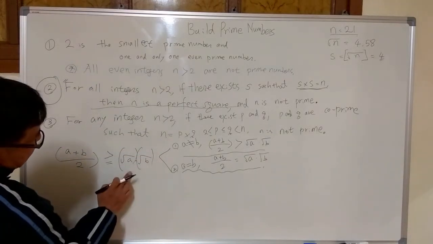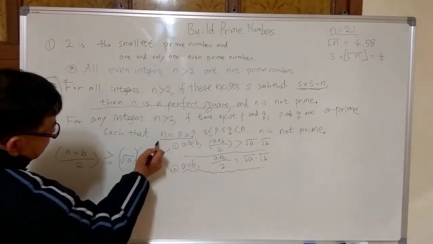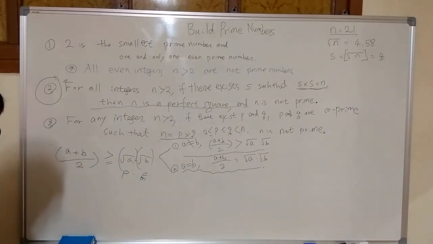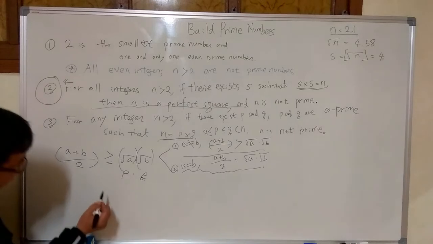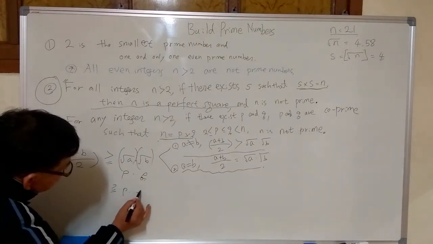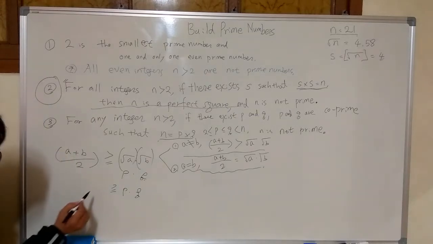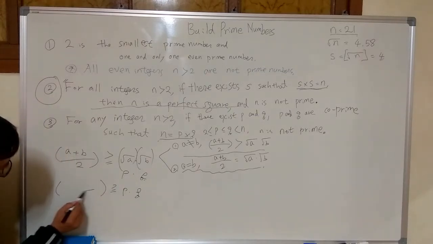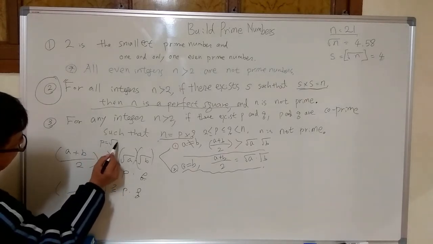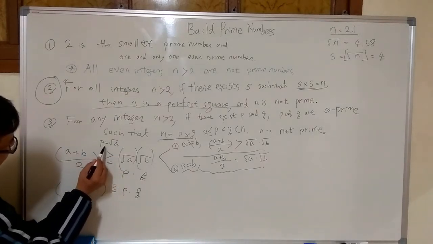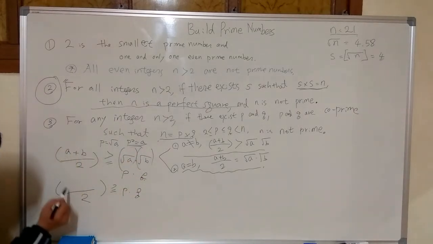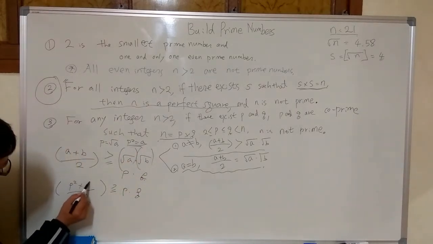So if we compare this equation with this one, we let P and we let Q, then we can put P times Q. Since P equals root A, P square is A, like this. So we can put P square, Q square.